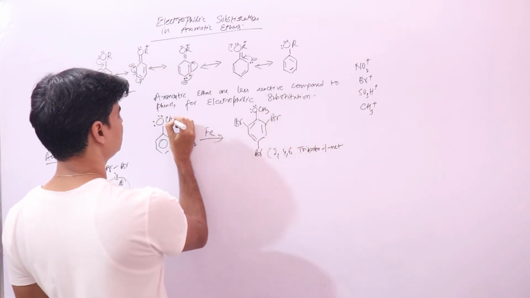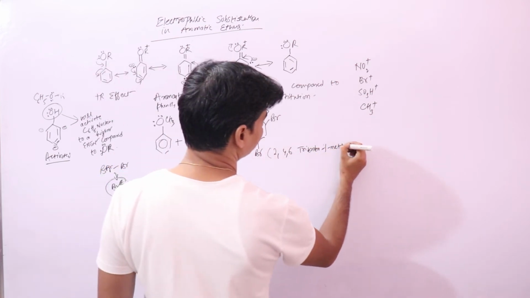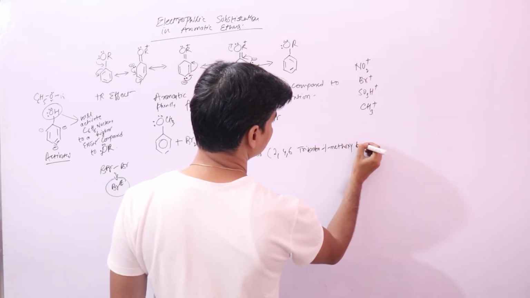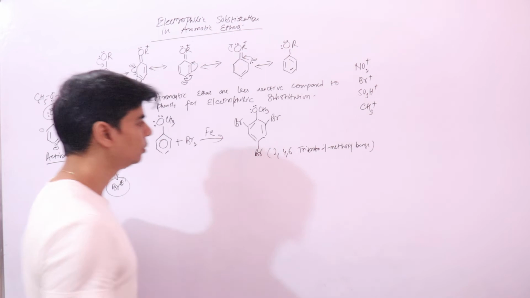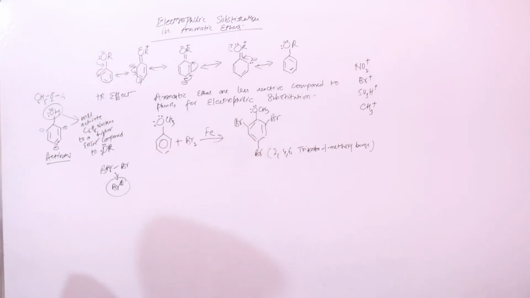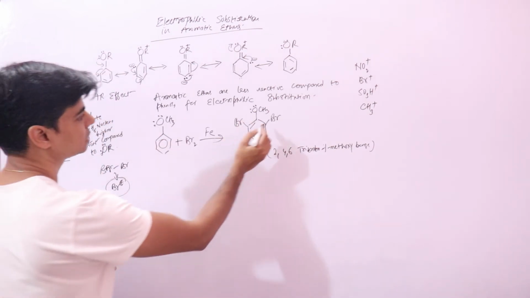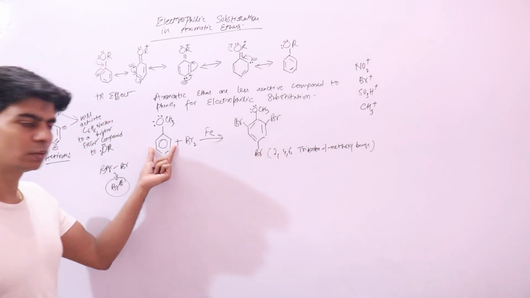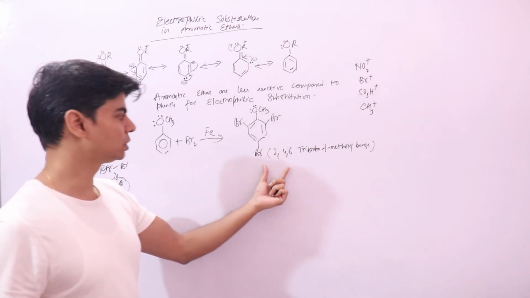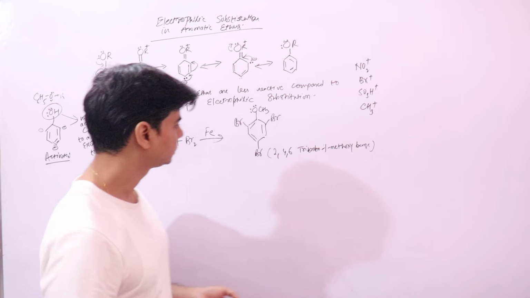Let's take this as CH3, methoxybenzene, or 2,4,6 tribromo anisole, right? This is your anisole. If you remember, this compound is anisole. So this is your 2,4,6 tribromo anisole, right?